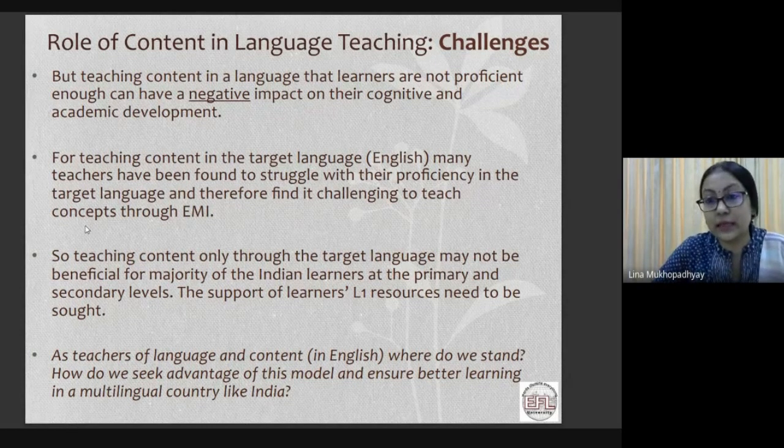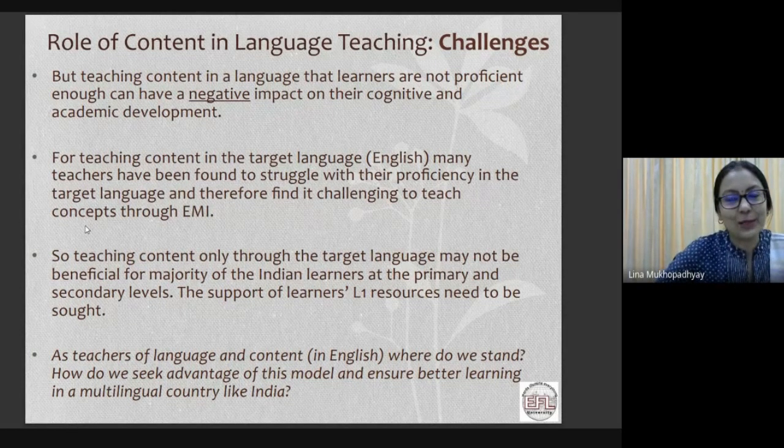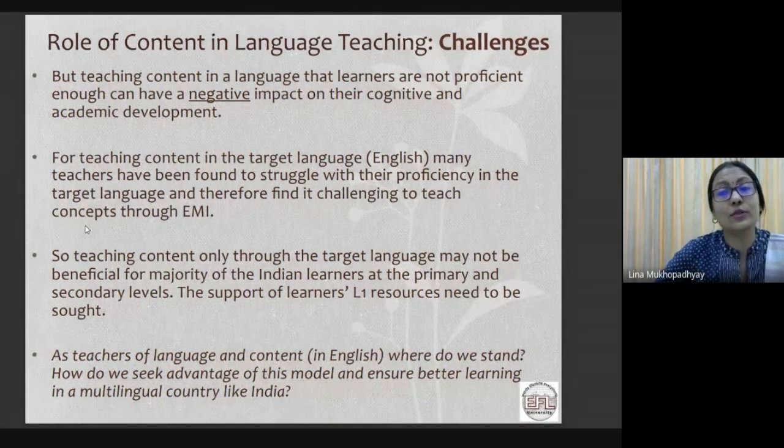This is something that Irina was presenting in her paper. I happen to be a part of that presentation as well. So yes, the teachers struggle with their proficiency, and therefore it would be very challenging for them to teach concepts, elaborate upon concepts using the target language or the EMI. So teaching content only through the target language may not be beneficial for the majority of Indian learners at the primary and secondary levels, and therefore we need to resort to the learners' L1 resources.